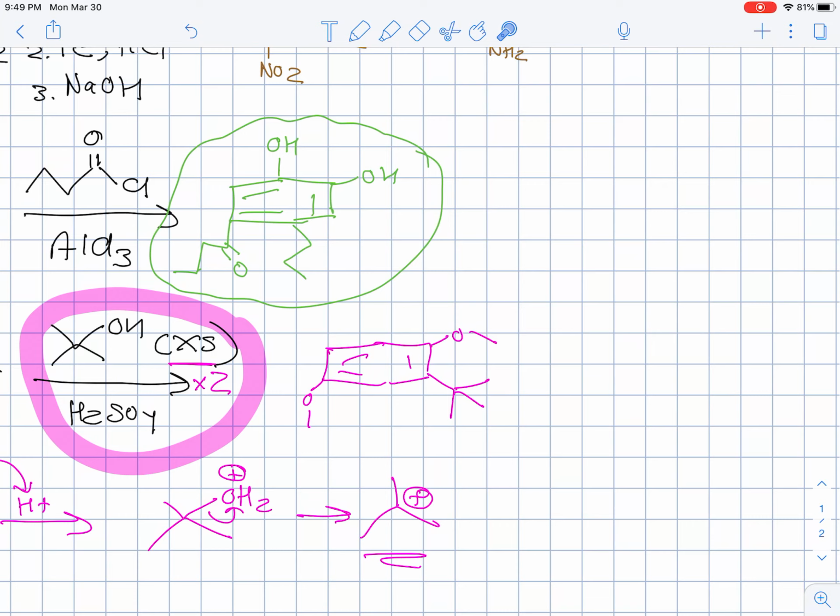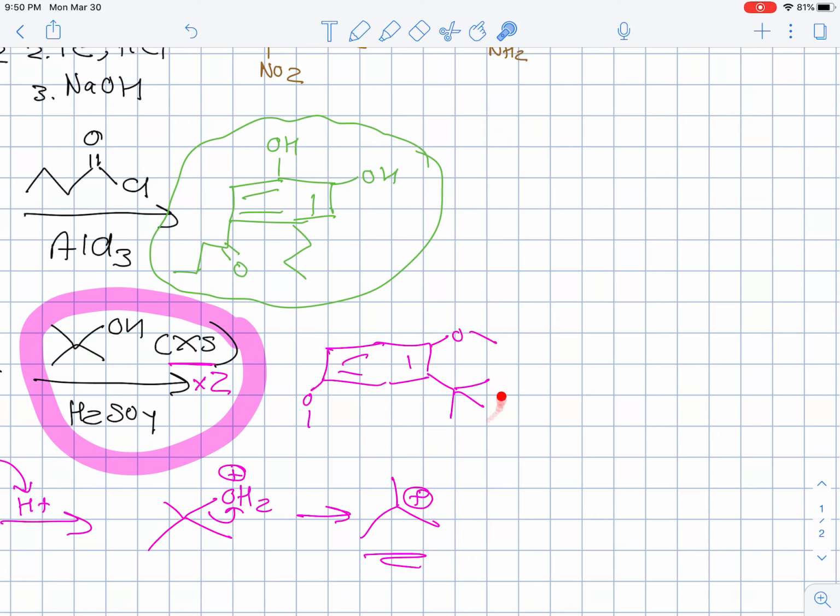So that's out. Then we look at these two positions, and these two positions are the same with respect to the strongly activating groups. This one is ortho to that methoxy and meta to the other methoxy. This one is ortho to that methoxy and meta to that methoxy.